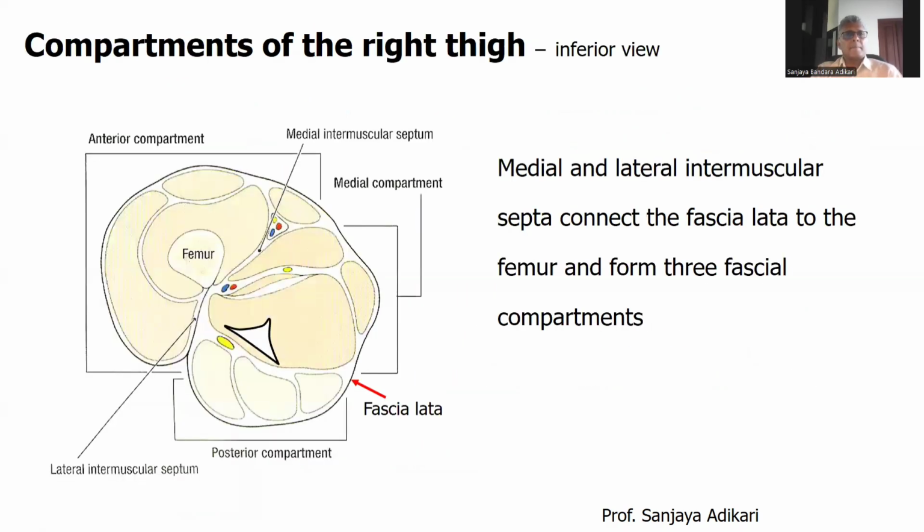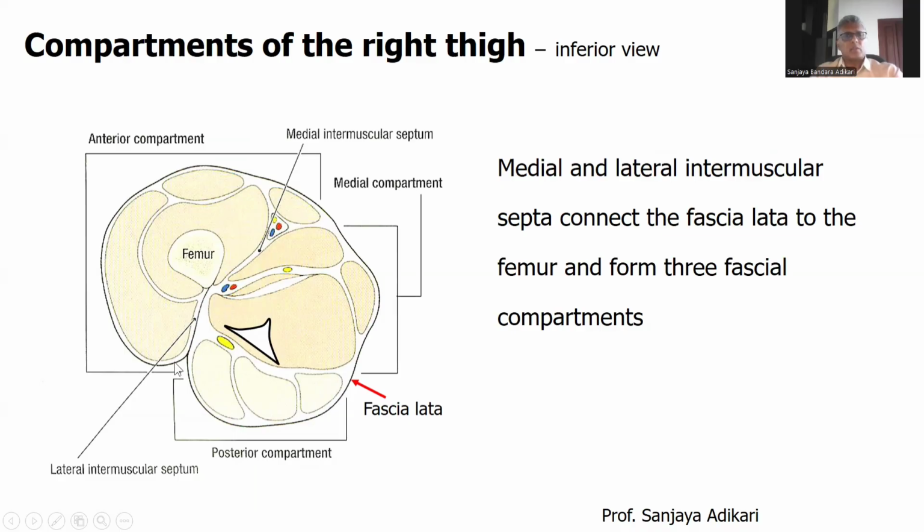Okay. Then a few things about the compartments of the thigh. I'm not going into all the small details here, which you can easily recollect. The thigh has three compartments, and it is separated into compartments using only two intermuscular septa.